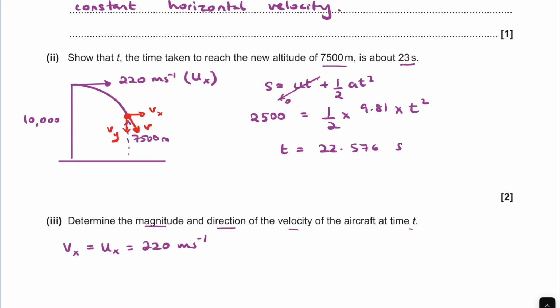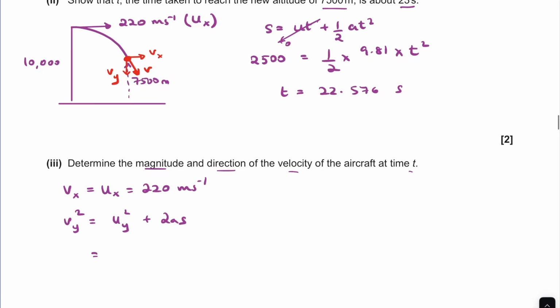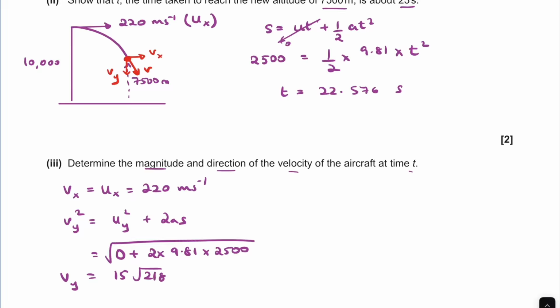But we do need to work out vy. v squared is equal to u squared plus 2as, and u is 0, so plus 2 times 9.81 times 2,500. You can leave it as an unsquare-rooted value, or I'm just going to say it will be 15 root 218, so it's easier to square back in.